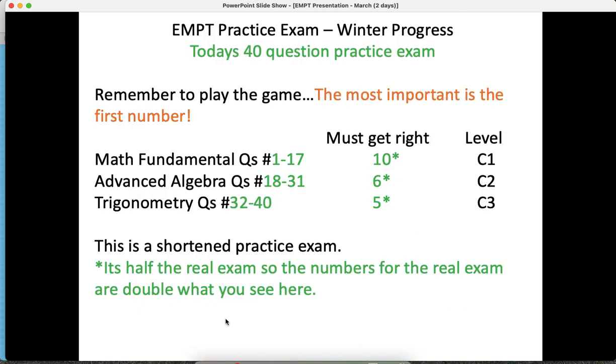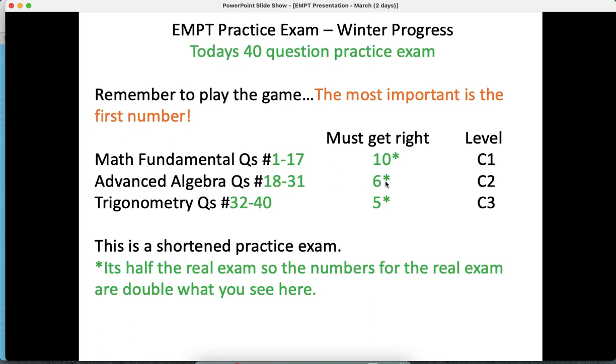Also, let's take a little deeper dive here. So the practice test, remember I said of the first 17 questions, you must get 10 right. That'll get you a C1 level. If you want to dig deeper, in questions 18 through 40, that first 17 is what we call math fundamentals. It's just like computation. The second set of questions from 18 to 31 is the advanced algebra questions.